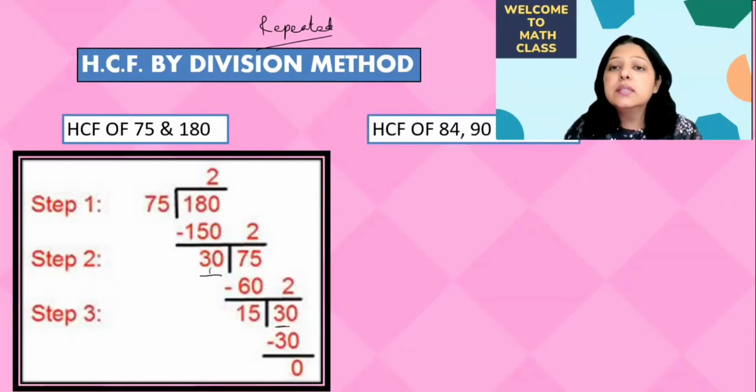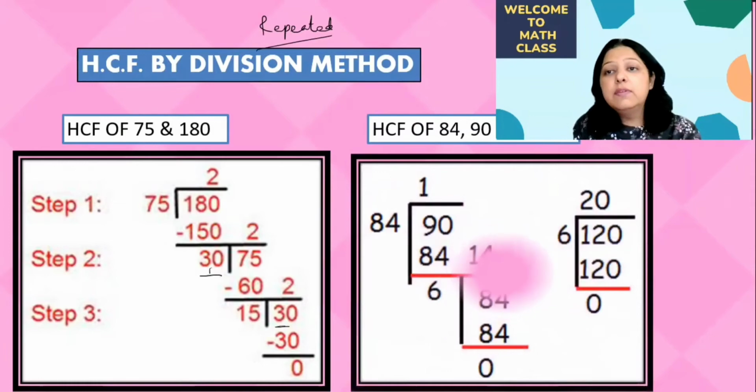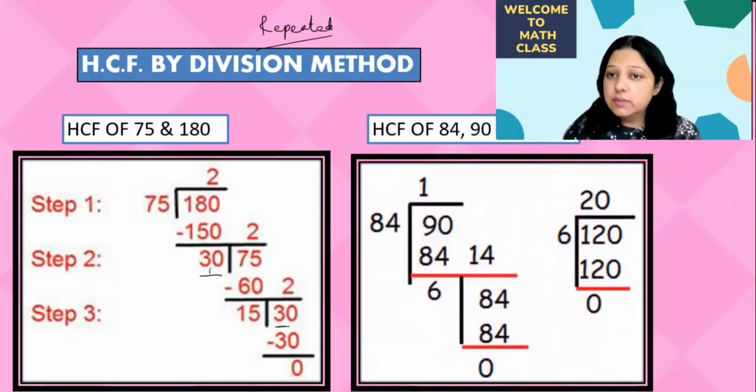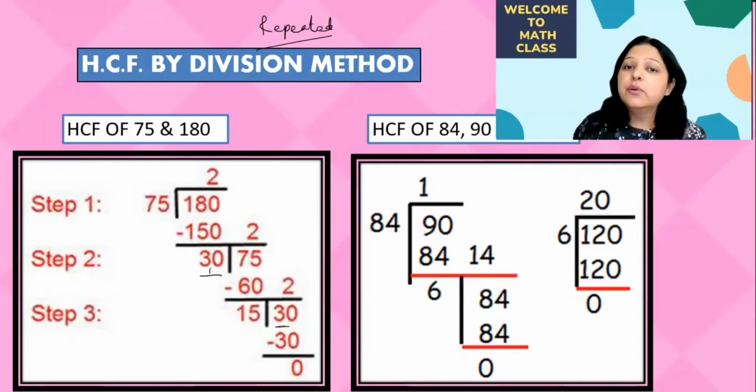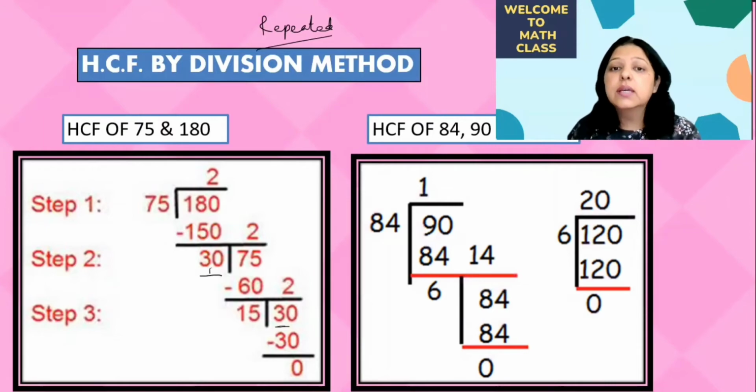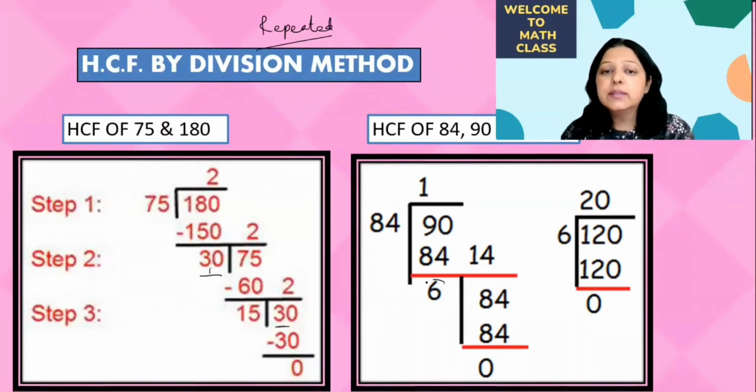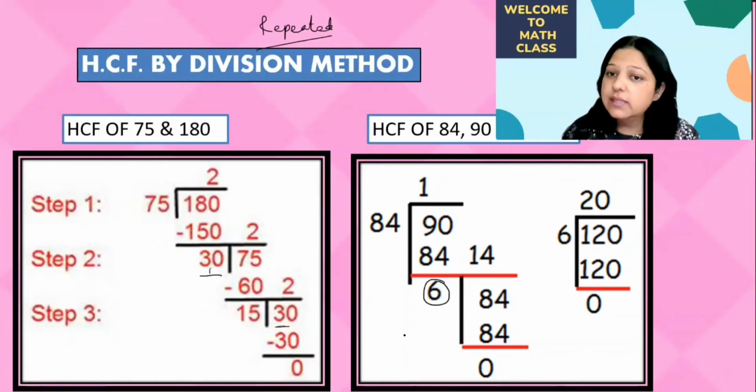Like you can see here, we have to find the HCF of 84, 90 and 120. When we have three numbers, we break them into two parts and then divide. Like 84 and 90 we have taken first, and when you divide 90 by 84 and continue, you can see we are getting the HCF as 6.